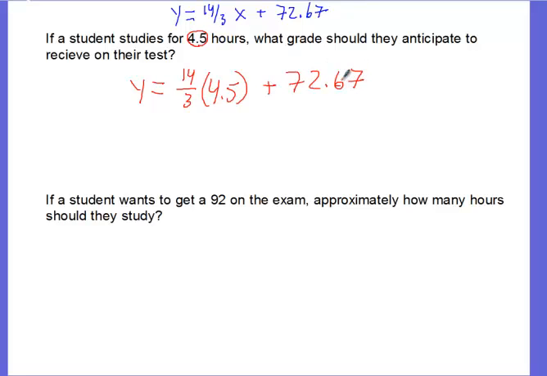I'm just going to plug that into my calculator, giving us y equals 93.67, or roughly a 94% on the test. So if a student studies for 4.5 hours, they should get about a 94% on the test.